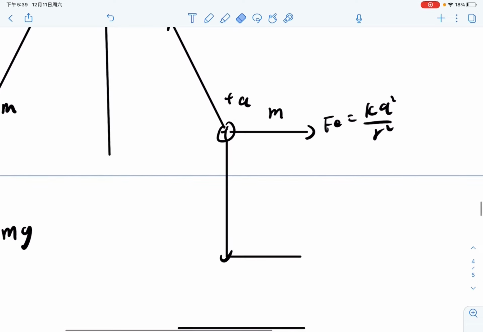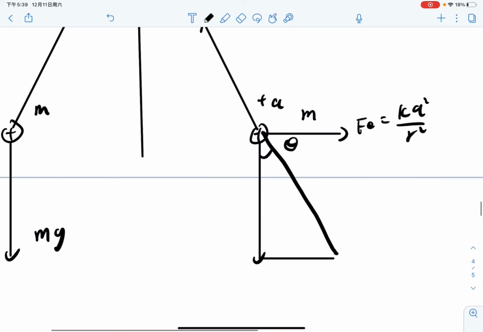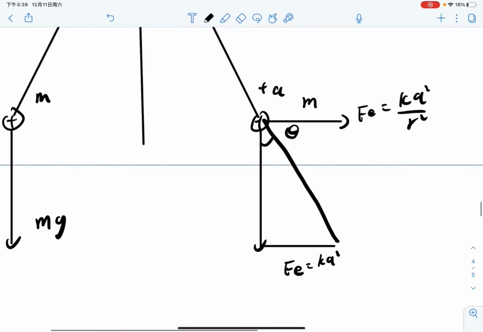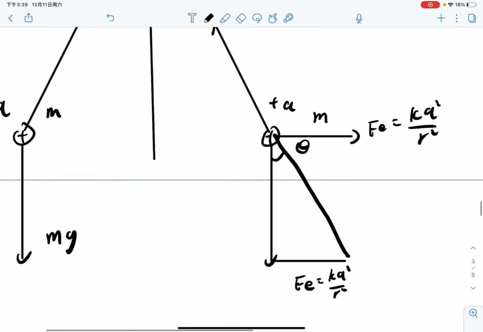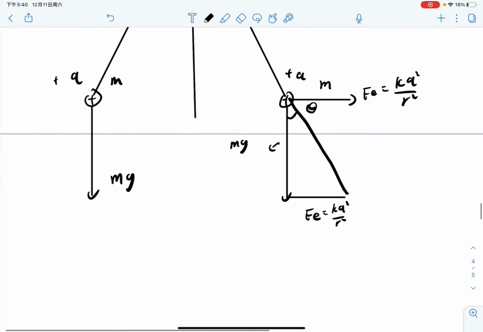So that means by vector addition, you have theta, and here Fe is equal to kq squared divided by r squared, and this is mg. So what you have is that tangent theta is equal to kq squared divided by r squared mg.